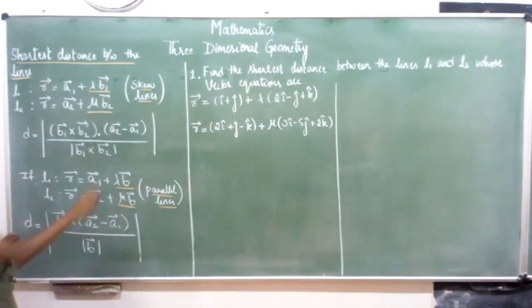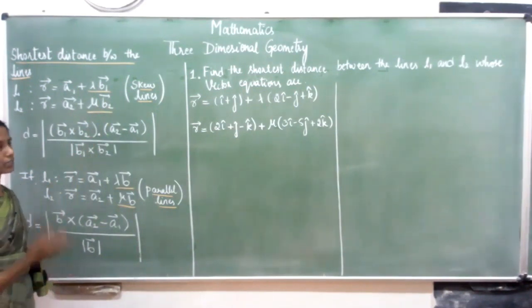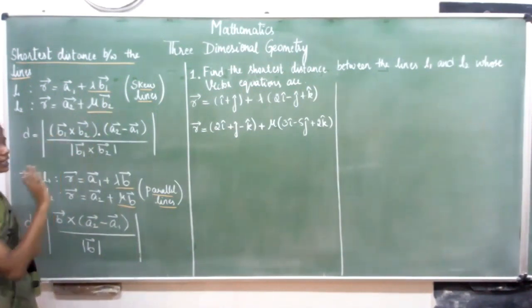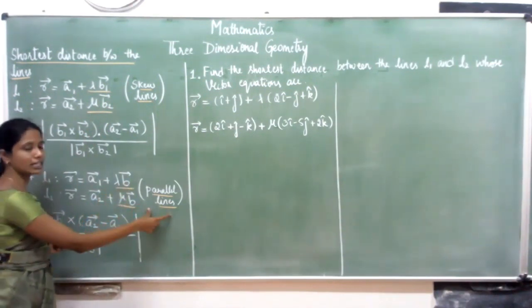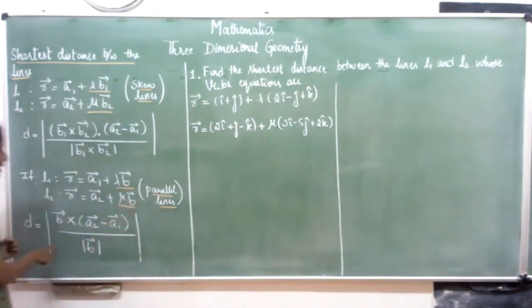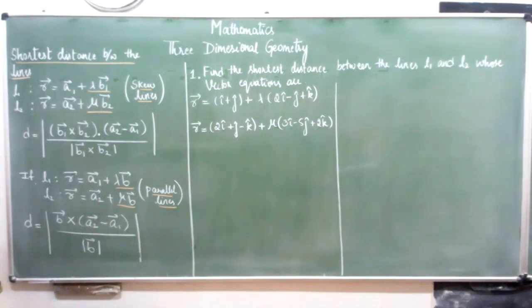If b1 and b2 are two different vectors, we take them as skew lines. If they are the same vectors, then it is parallel lines. The formula for parallel lines is vector b cross vector a2 minus vector a1, divided by the magnitude of vector b.